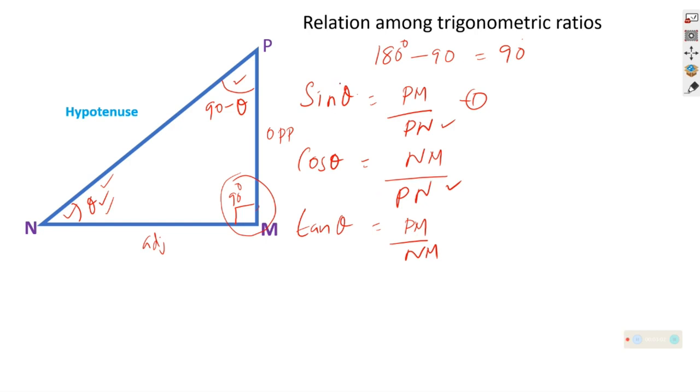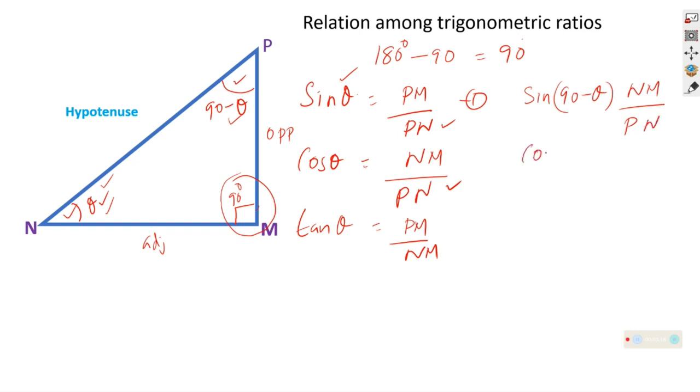When considering this angle, if you consider the sine of the angle 90 minus theta, what is opposite here? The opposite side is Nm upon the hypotenuse, which is the same because it is opposite of the right angle, naturally it will be Pn.